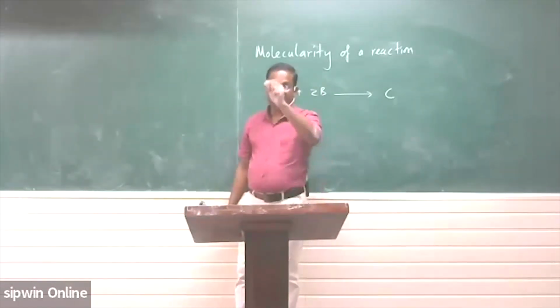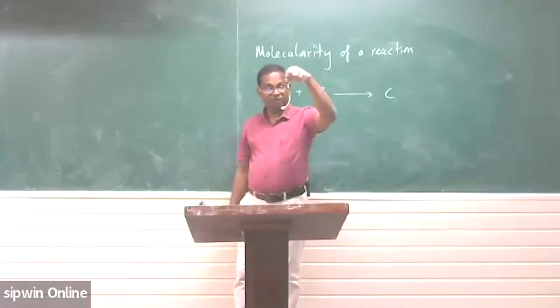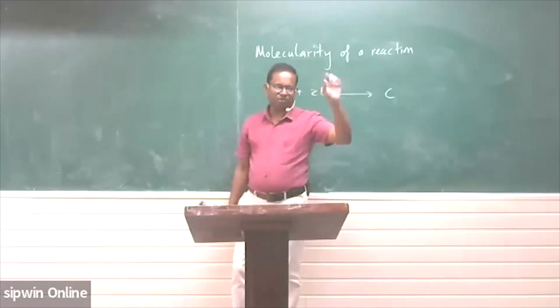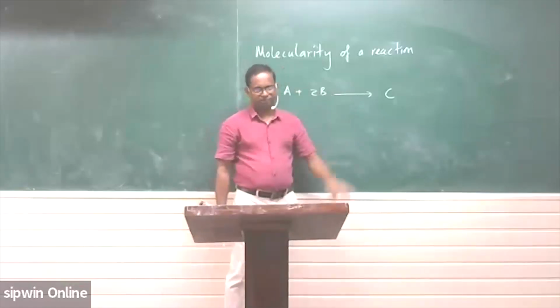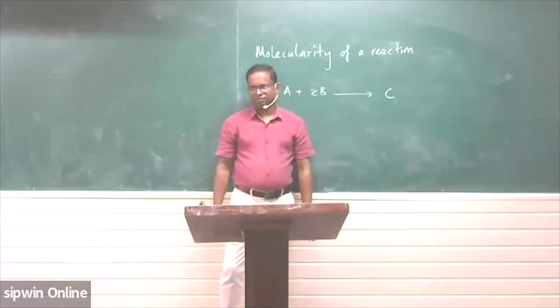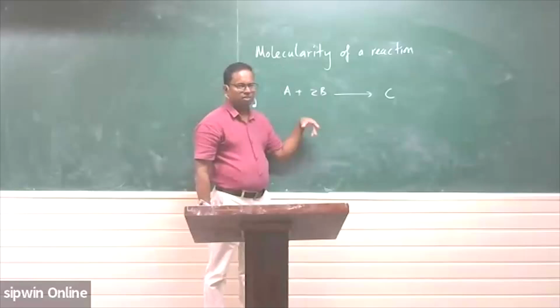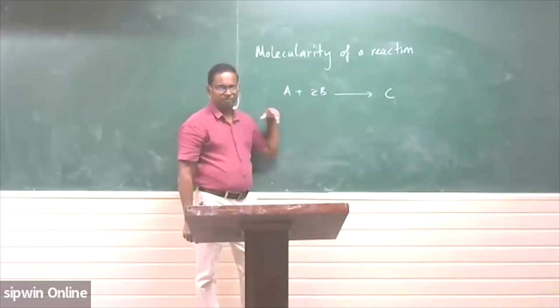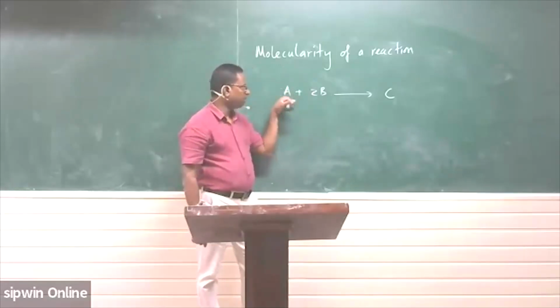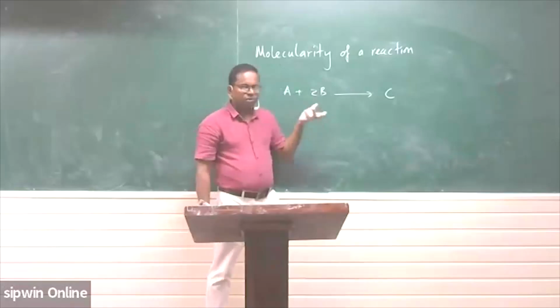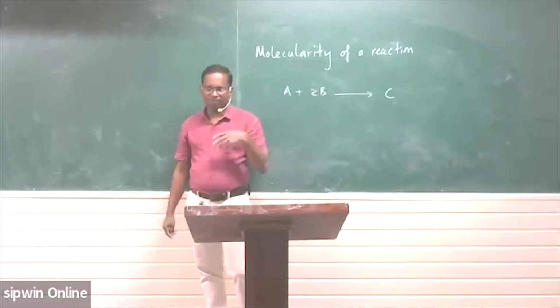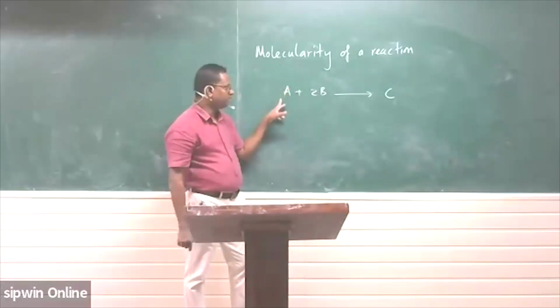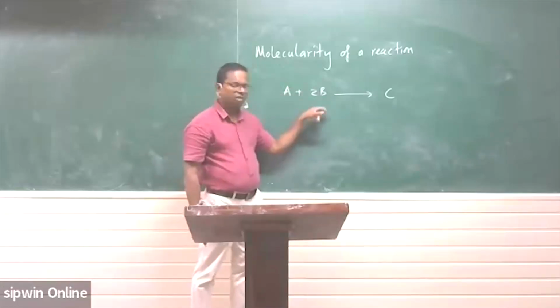In an elementary reaction, the minimum number of reactant molecules required to happen the reaction, we call that the molecularity. So here one of this one, two of this one. For the overall reaction, we say the molecularity is 3. Molecule with respect to this one is 1, here 2.